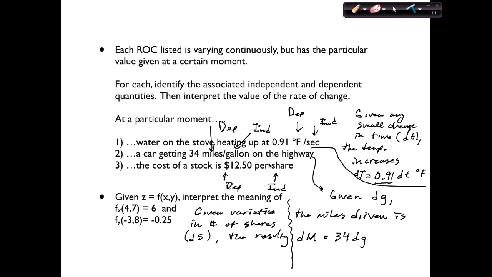For instance, right now we're going to buy 98 shares. We changed our mind. Now we're going to buy 102 shares. So given the variation in the number of shares, the resulting, is it total cost of the shares?